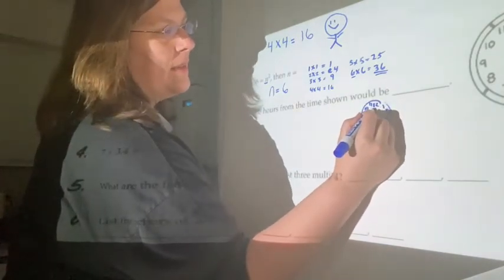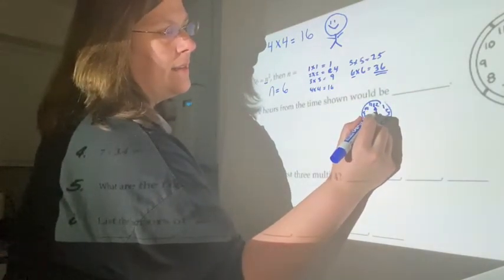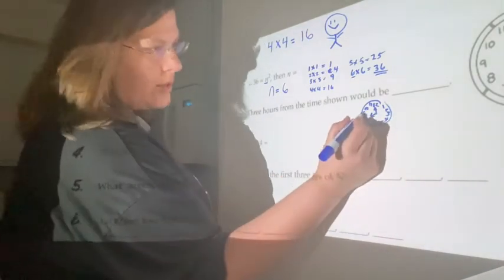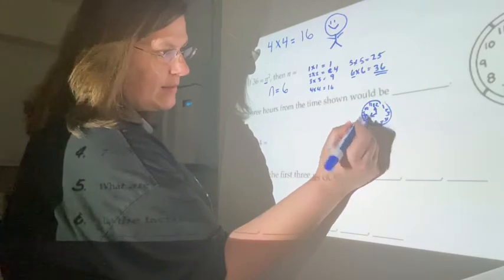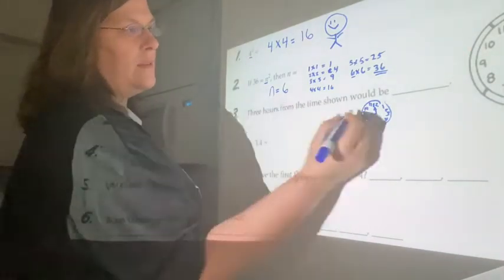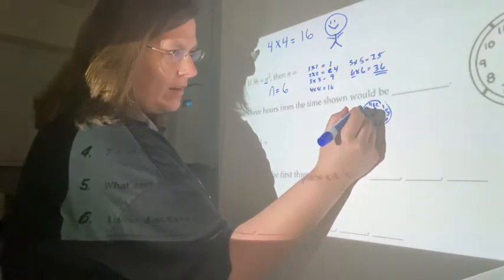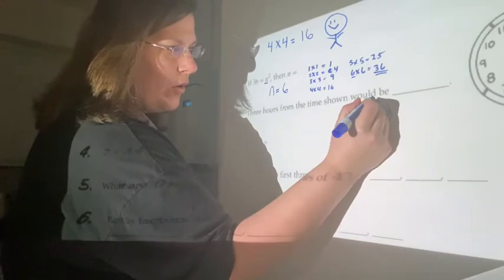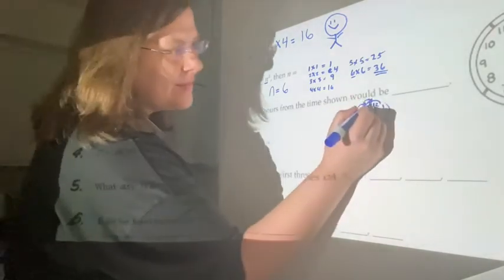Now they're telling me that it is 8 o'clock. Okay, so go ahead and box your 8. There's 8. Now count up how many? 3 hours. Jump. 1, 2, 3. What time is it?